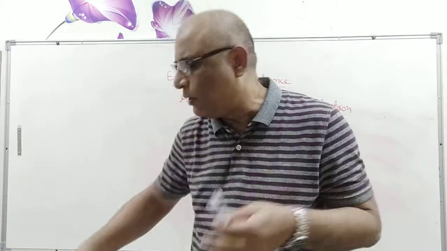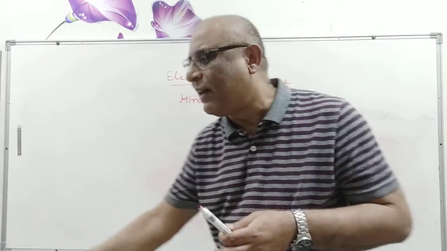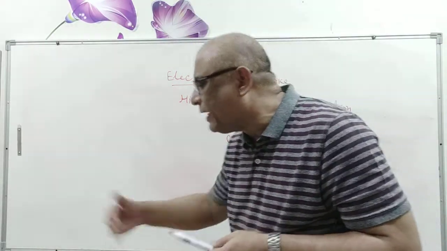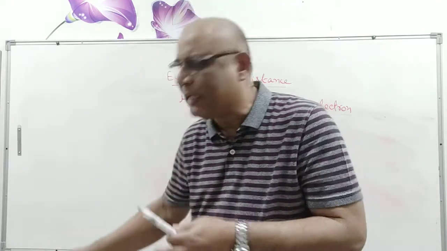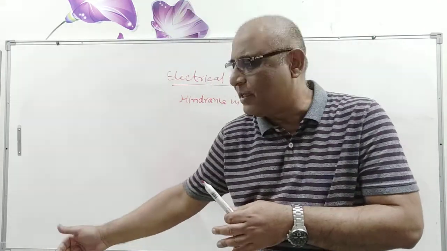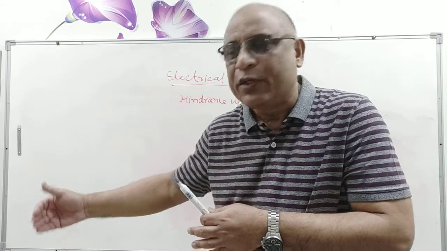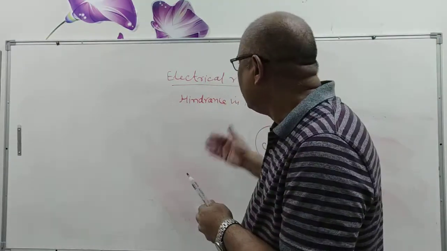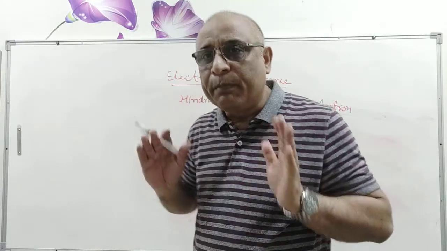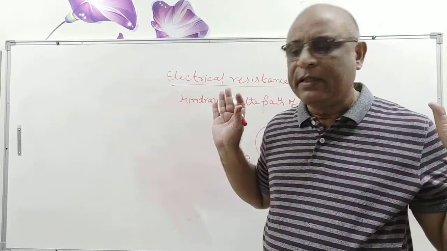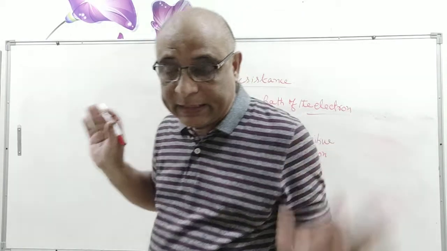You are the electron, your bag is the positive ion. Then you collide again and again with your own bag, the positive ion, and so your speed slows down. This is a resemblance showing how hindrance is produced in the path of electrons by positive ions. It is very clear. This is resistance.